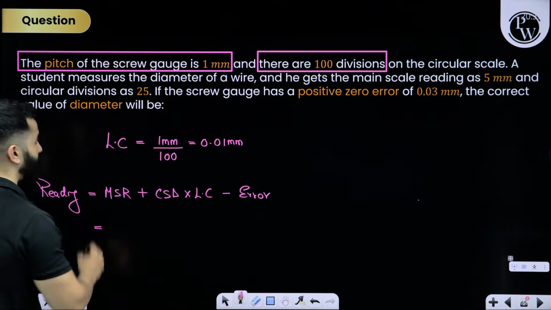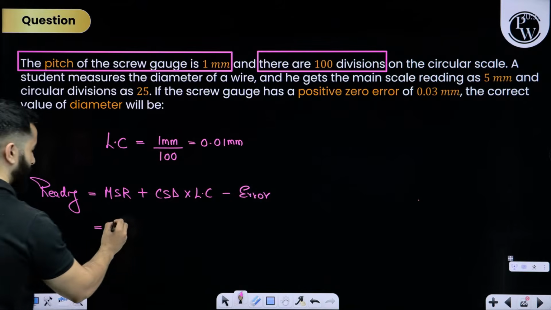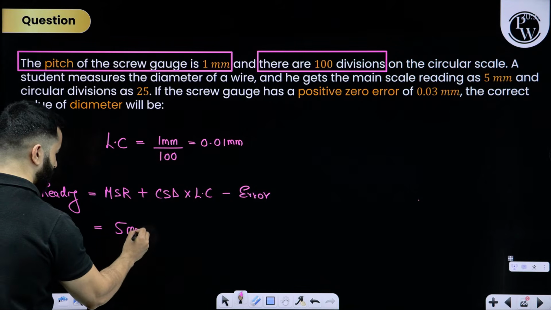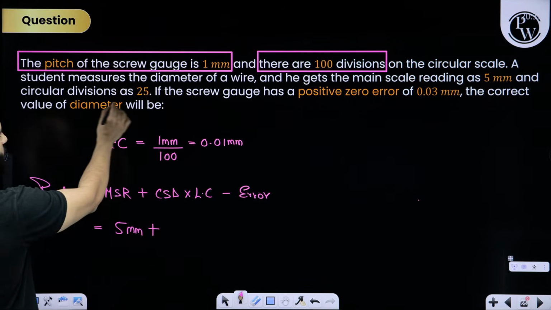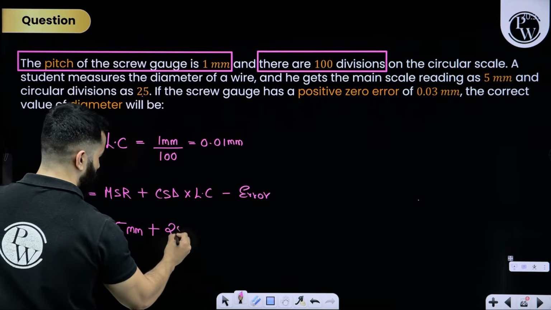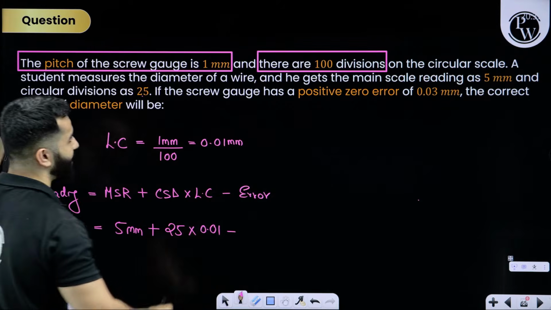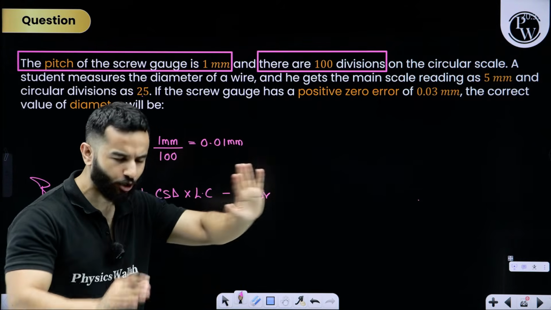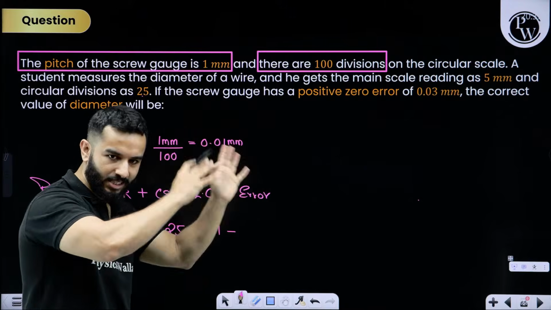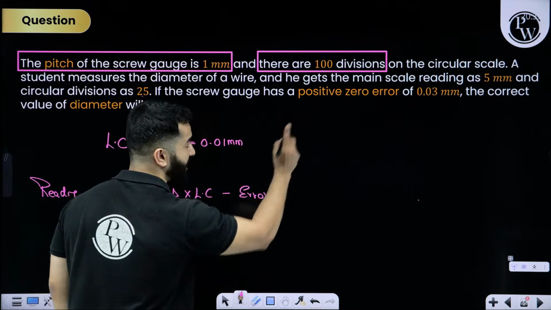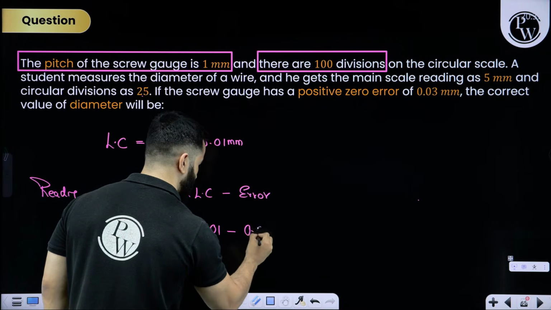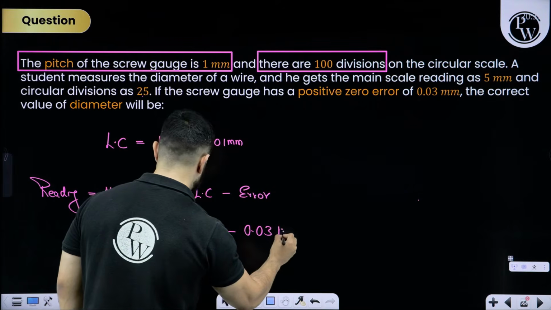So main scale reading is 5 millimeter, and then they are saying circular scale division is 25. So 25 multiplied by 0.01 minus, and then they are saying the screw gauge has a positive zero error. We are going to talk about errors in this also, but the positive zero error is 0.03, and it is in millimeter.